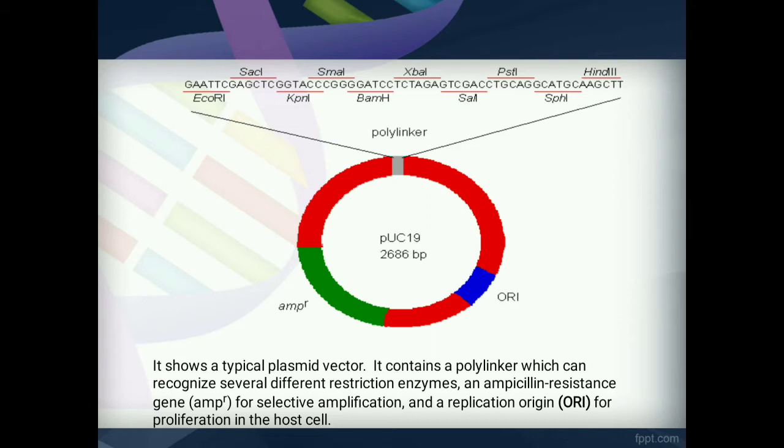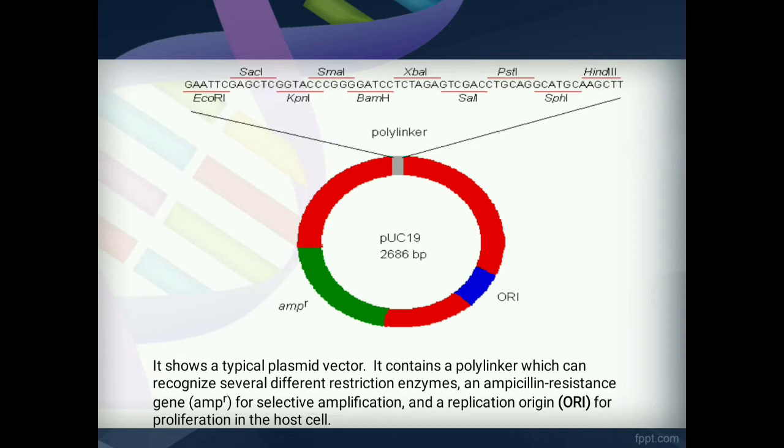The Ti plasmid is one of the most commonly used vectors. This is a plasmid vector pUC19, with an ampicillin resistance gene, that is why AMP, for selective amplification, and a replication origin for proliferation in the host cell. So this is an example of a vector.